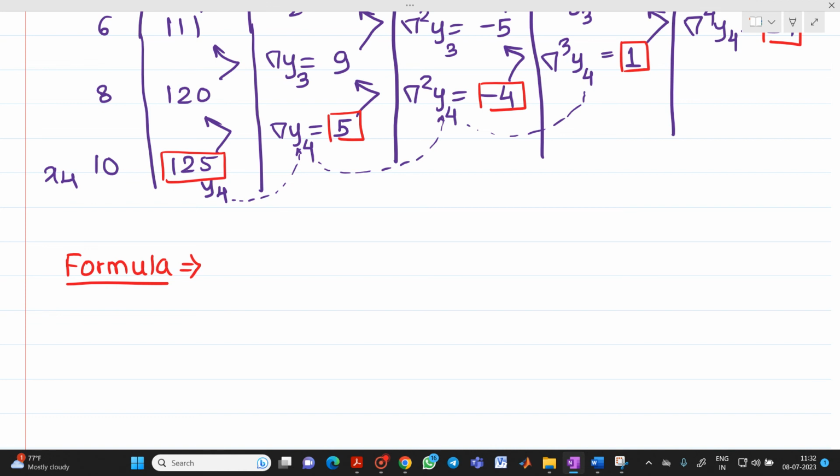It will be y equal to yn, here n equals 4 because we have x4 and y4.